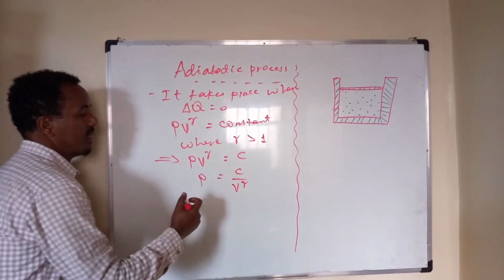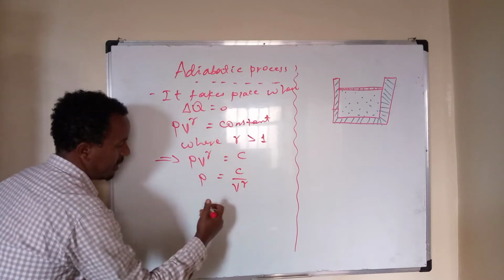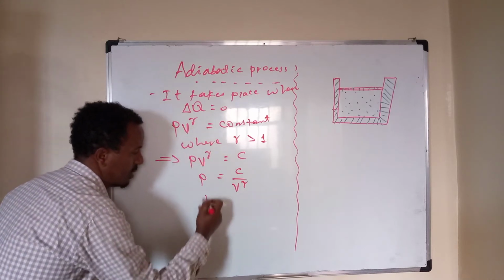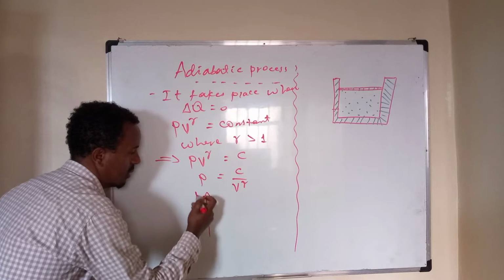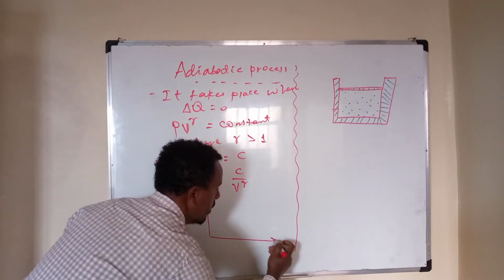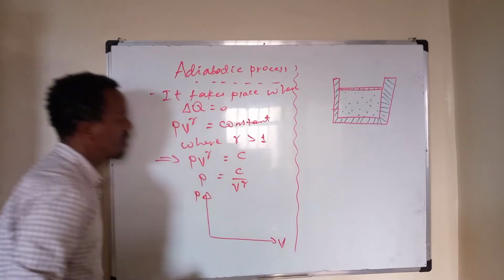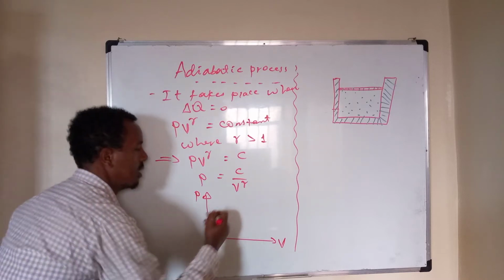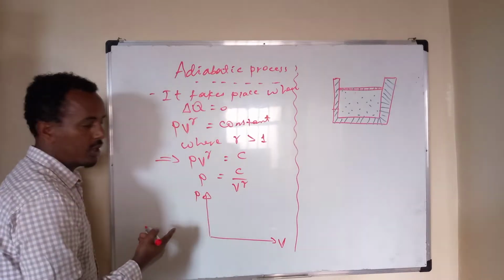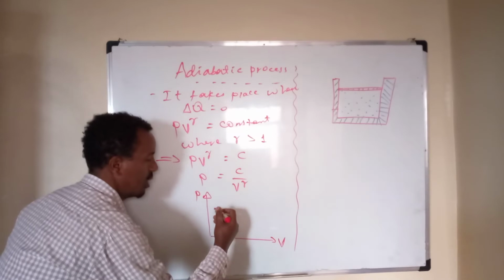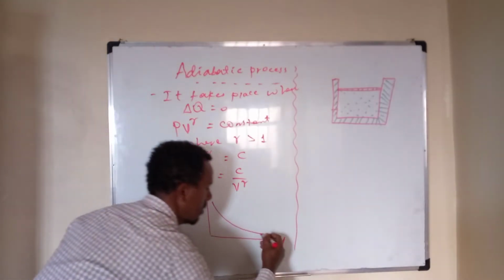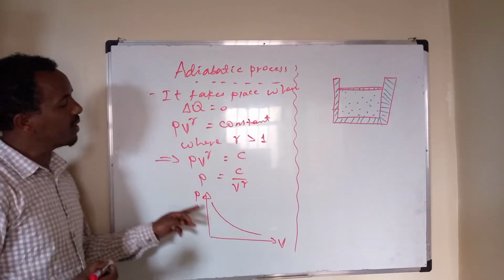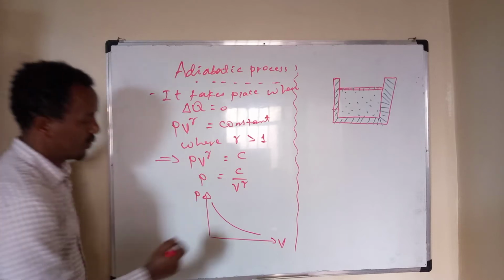So the graph which represents this equation is given as, if this is P and this is V, pressure is inversely proportional to V raised to gamma. This is the graph of adiabatic process.